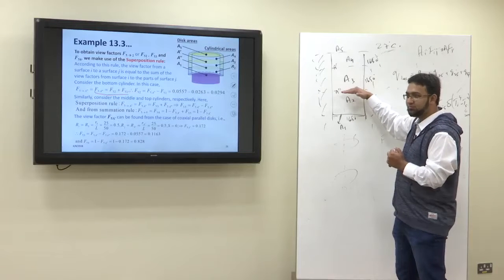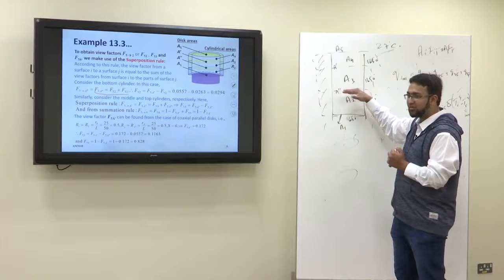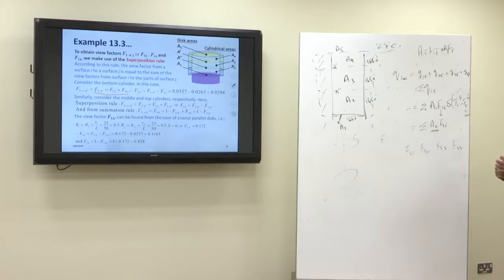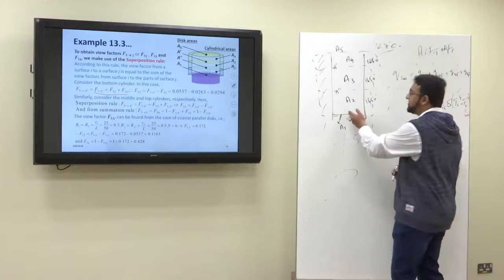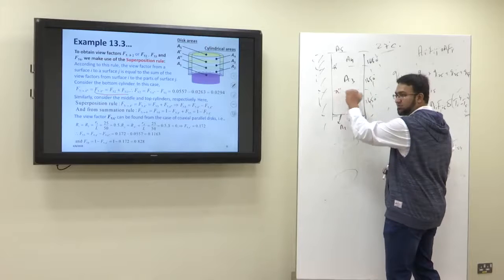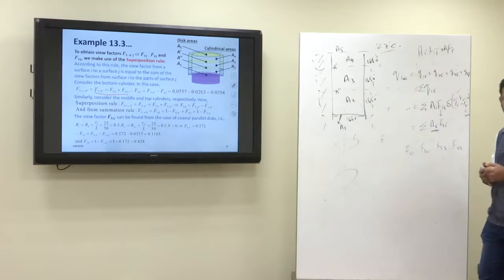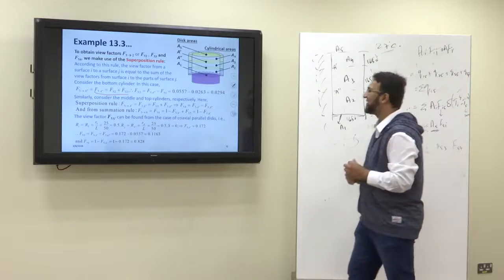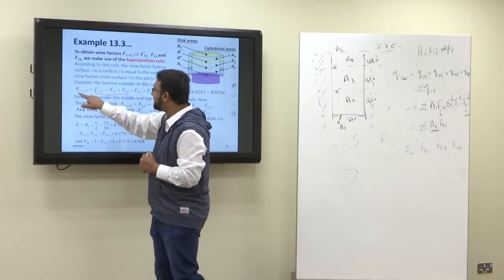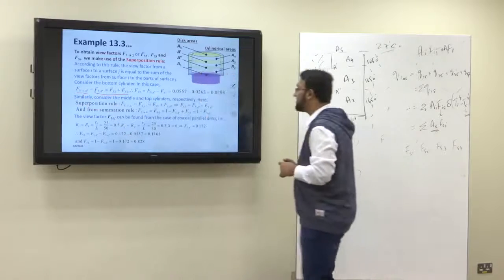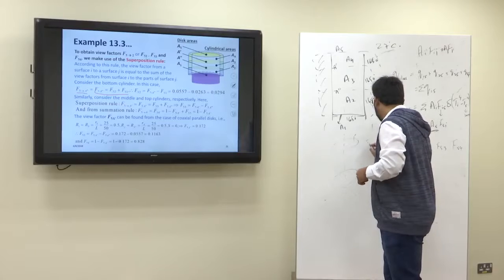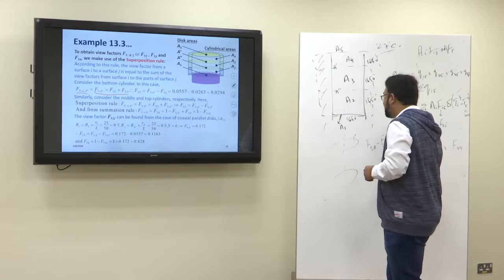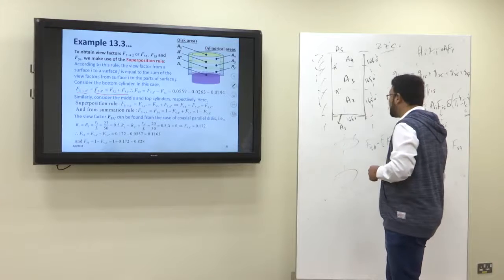That's the enclosure law. Consider this as an enclosure. The amount of energy leaving 1 is equal to the amount of energy reaching 2 plus A double dash. So F leaving 5 to A double dash, F5 to A double dash, is equal to F5 to 2 plus F5 to 1.